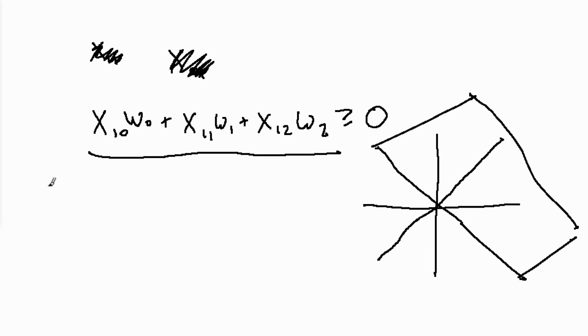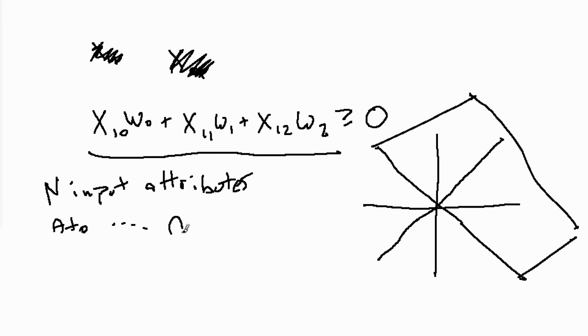So in other words, if we have n input attributes, which means they basically go from attribute 0 all the way up to attribute n minus 1. Remember, if we start them at 0, n of them would take us all the way up to n minus 1. And remember, this one over here, we say that this is clamped at minus 1.